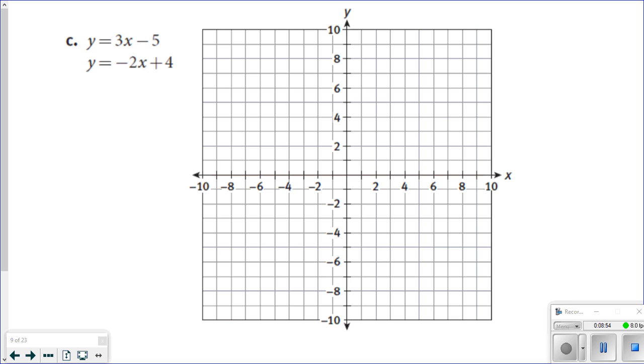Both of these on the top of page 254 are in slope-intercept form. So for the first one, I'm down at a -5 for my y-intercept on my y-axis.